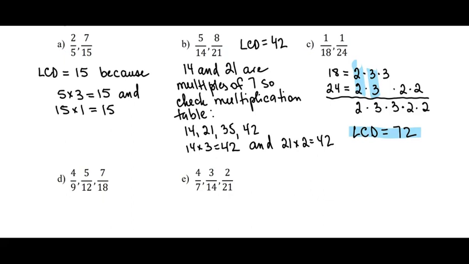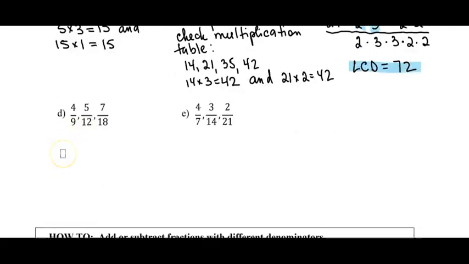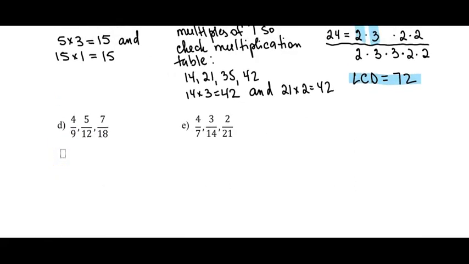Okay, so let's go ahead and look at the next two problems. We have 9, 12, and 18. Even though 9 goes into 18, 12 doesn't. So I can't use 18 for these. This would be too easy.